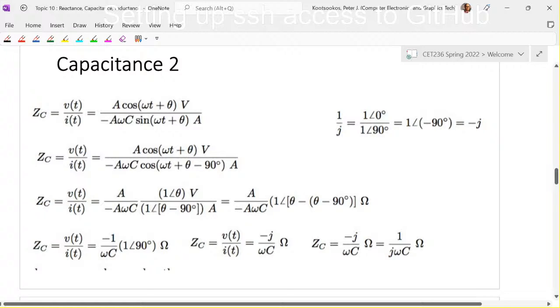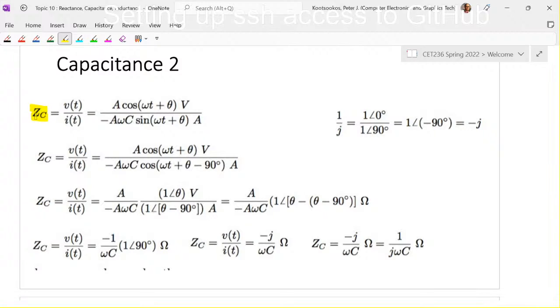What I'm aiming to find out is the impedance of the capacitor. And the impedance in any event is always voltage divided by current. So I can take my A cosine omega t plus theta volts and divide it by my C dV/dt, which is minus A omega C sine omega t plus theta.